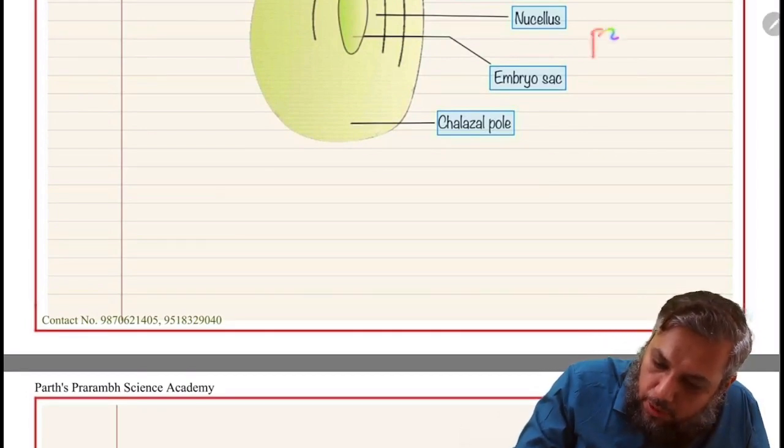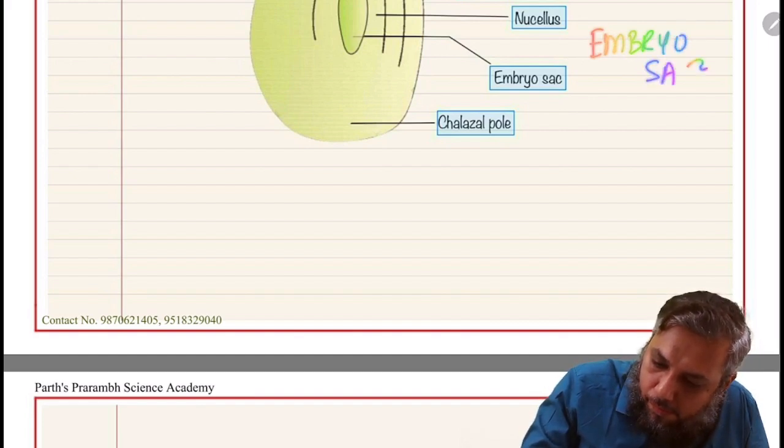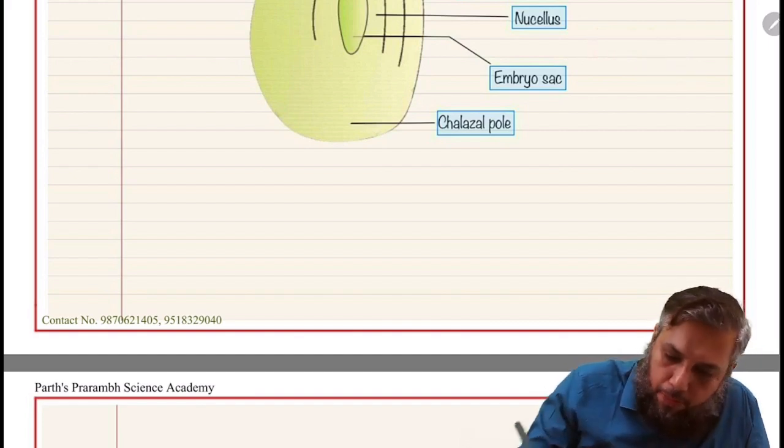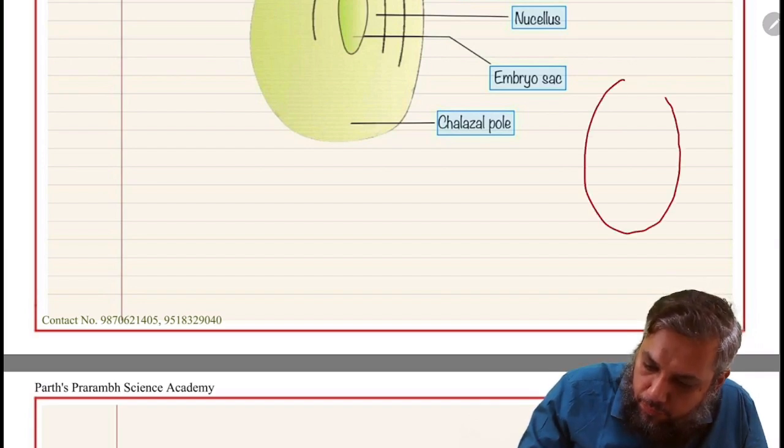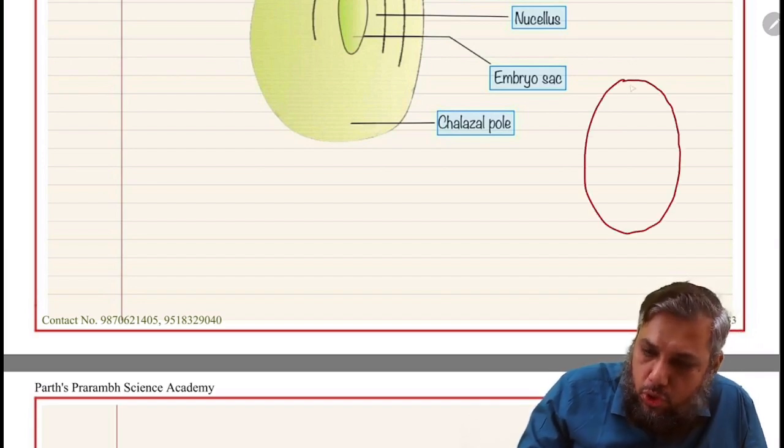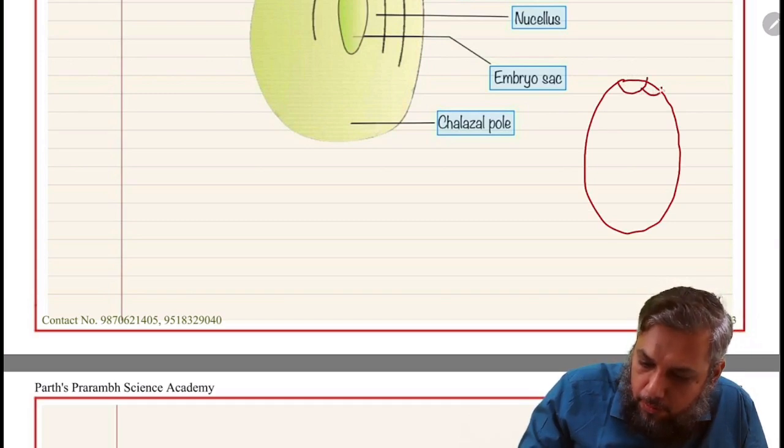If you look at a typical embryo sac, it shows the presence of the following structures within it.